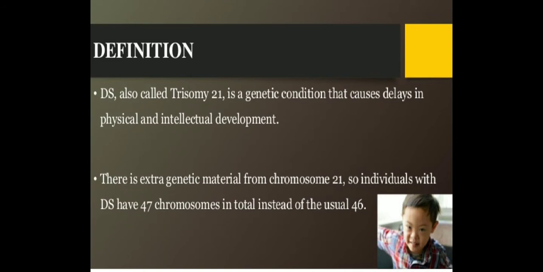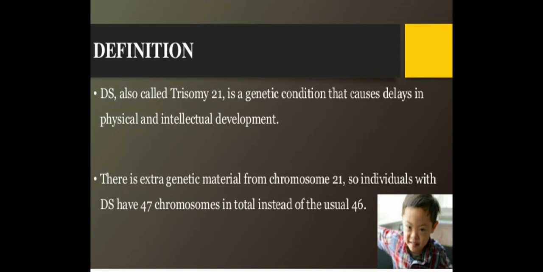Normally the human chromosome number is 46, that means 23 pairs, but in Down syndrome there is an additional chromosome. So the child who is suffering from Down syndrome will have 47 chromosomes.